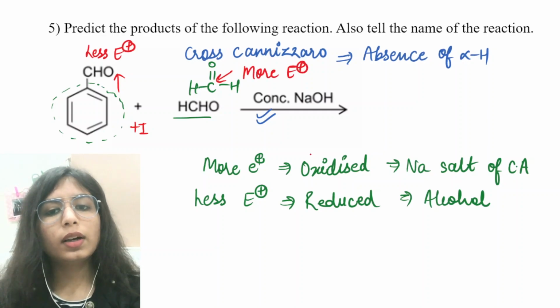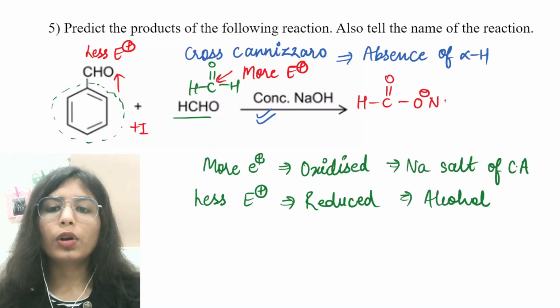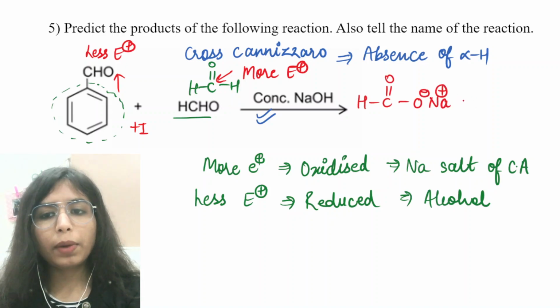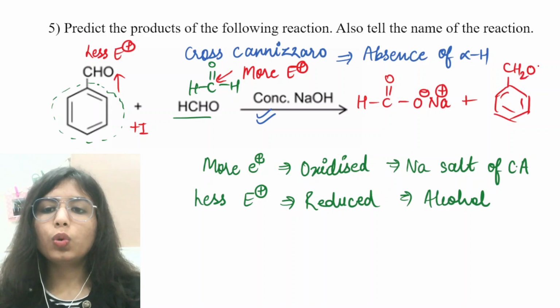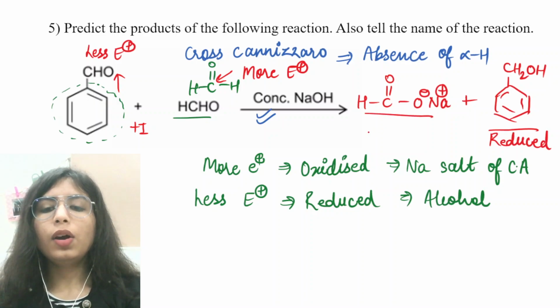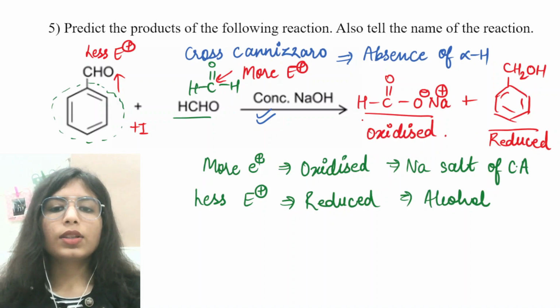So this you can conclude from GOC, and since this is more electrophilic in nature, therefore it will get oxidized into the sodium salt of carboxylic acid, which is sodium carboxylate, plus the benzyl alcohol, which is C6H5CH2OH, which is my reduced product. So this is basically my reduced product and this is my oxidized product. Okay, so this was the answer of this question.